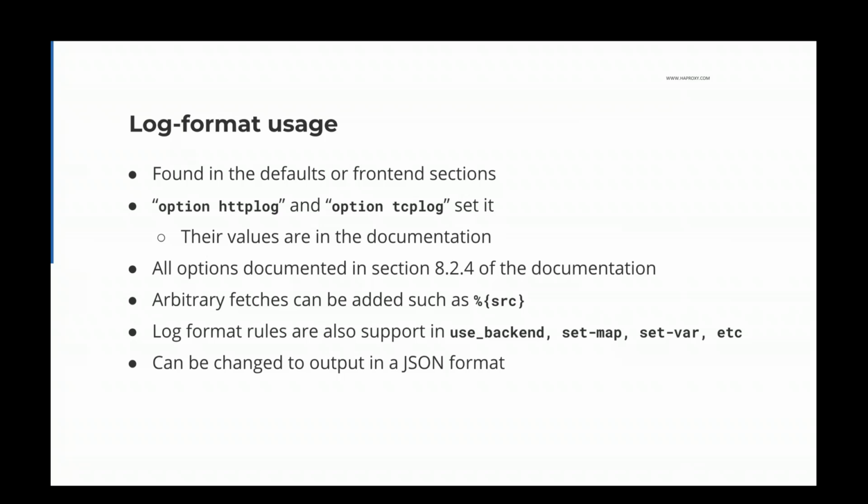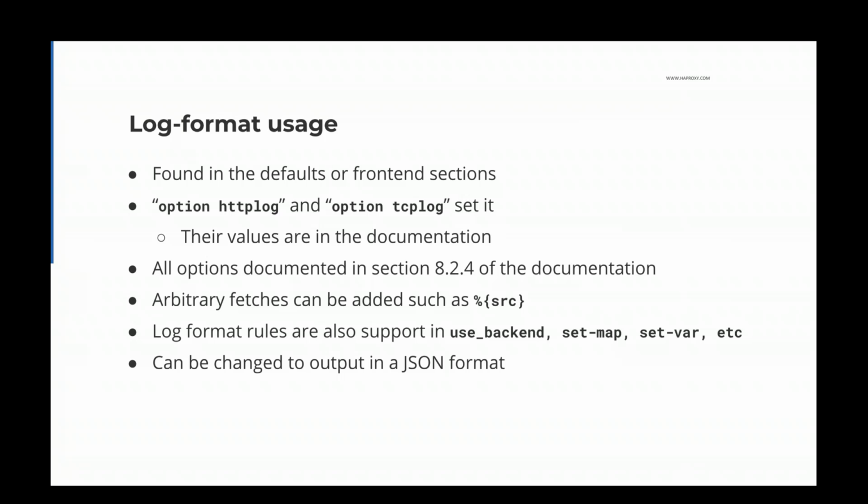All of the various options that you can use are in the documentation. There is a huge list of various fields that you can choose to add, which are not in the default logs. Additionally, you can use arbitrary fetches.